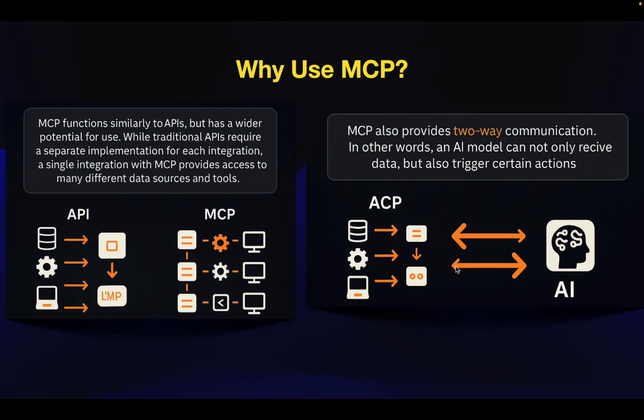Imagine an AI that not only reads your temperature from a smart device, but also sends a command to lower your AC if it's too hot. That's two-way communication, and MCP makes it really easy. So the second benefit is that MCP does not just read information, it takes action based on what it learns, correct? I hope you understand why we need to use MCP.